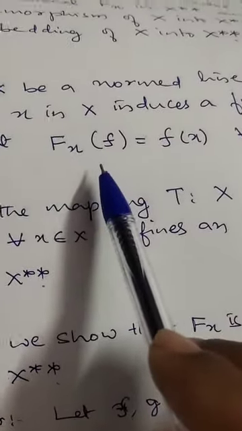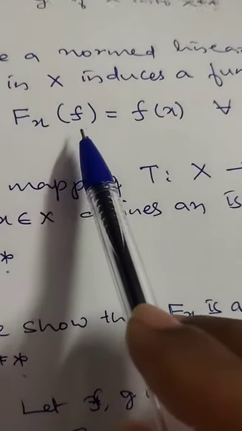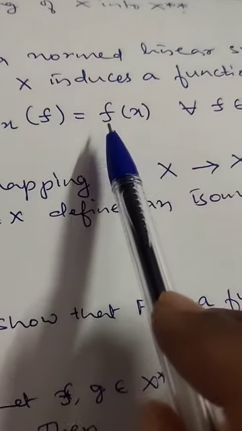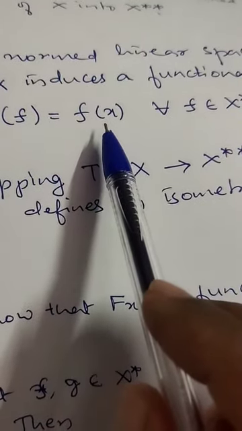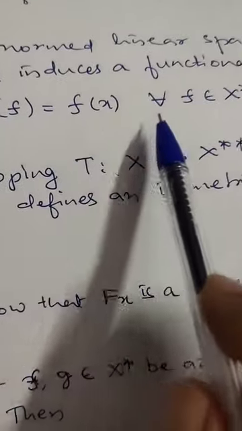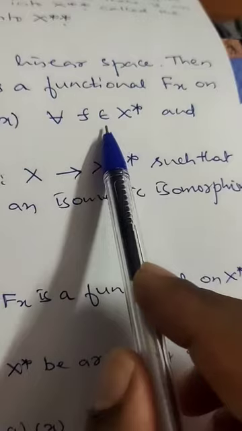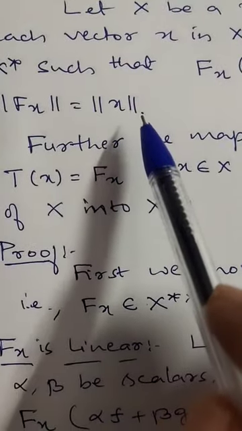That mapping I will define by fx of f is f of x, because f of x definitely lies in K, which is the scalar field, since f is a mapping from X to K. Therefore the mapping is well defined. fx of f is equal to f of x for every f belonging to X star, means for every functional f, and norm of fx is equal to norm of x.